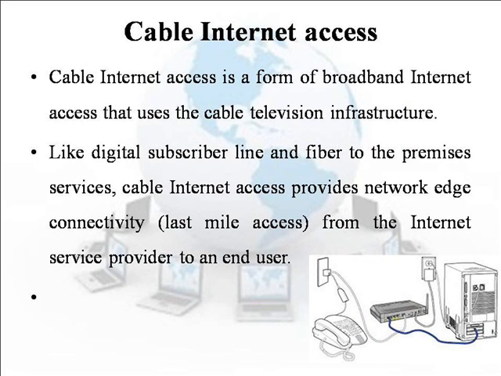Cable internet access. Cable internet access is a form of broadband internet access that uses the cable television infrastructure like digital subscriber line and fiber to premises service. Cable internet access provides network edge connectivity from the internet service provider to an end user.